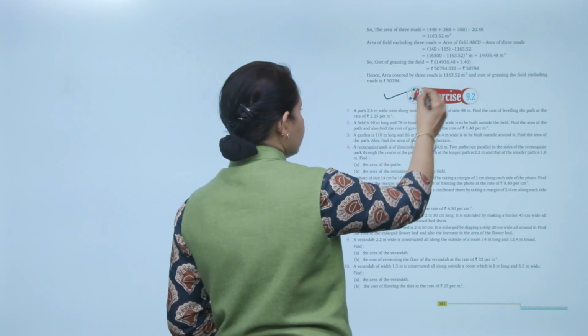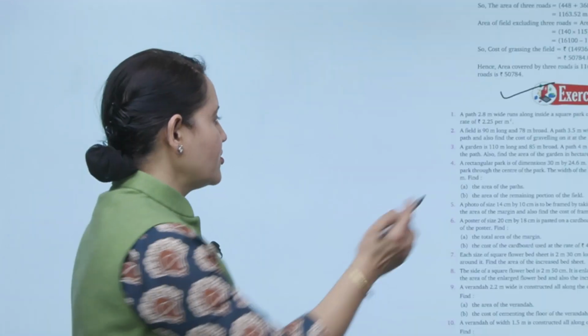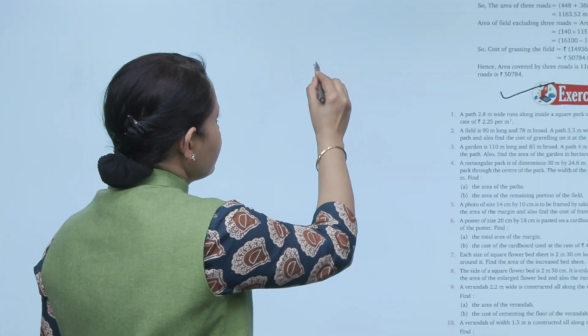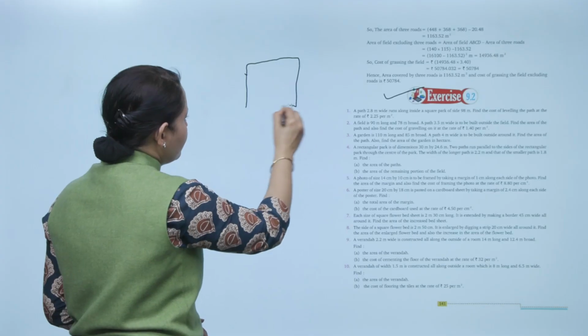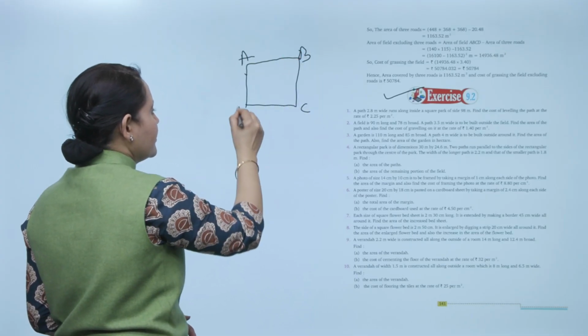Next is exercise 9.2. A path 2.8 meter wide runs along inside a square park of side 98 meter. Find the cost of leveling the path at the rate of rupees 2.25 per meter square. Solution: suppose this is a square, outer ABCD.